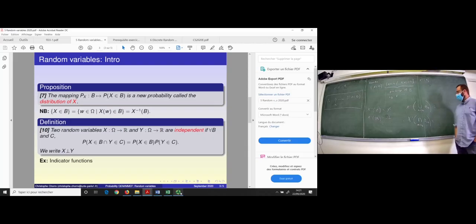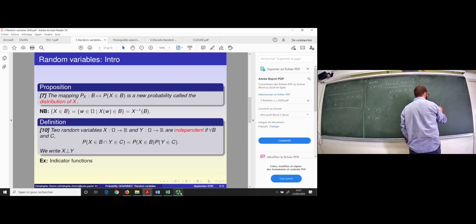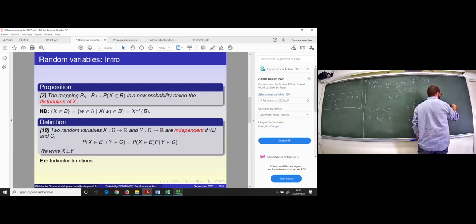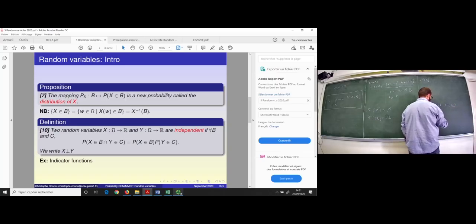So what is the meaning of a nice property for these quantities if I want to compute them? We have the fact that the preimage of a union is equal to the union of the preimages, and the preimage of an intersection is equal to the intersection of the preimages. So you have this one. And this one.